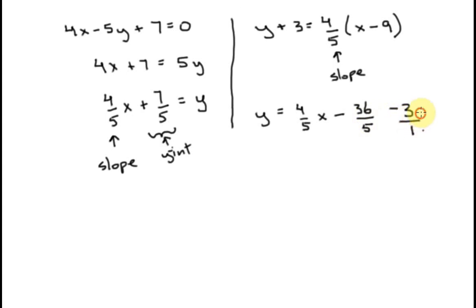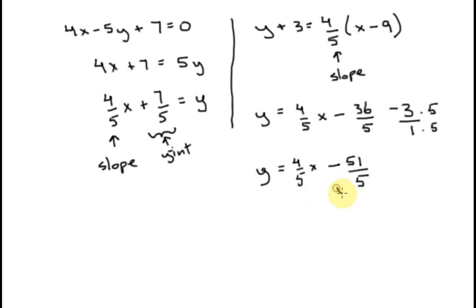So I'm going to build a fraction here with a common denominator, and that means a common 5. So here's what this equation now looks like: 4/5 x, and then over here I got negative 36 minus 15, so that's going to combine and make negative 51 over 5.